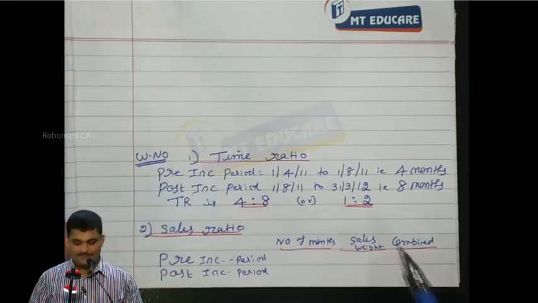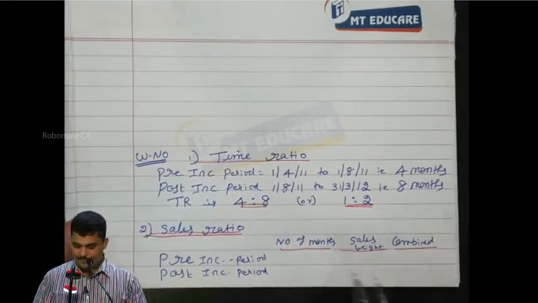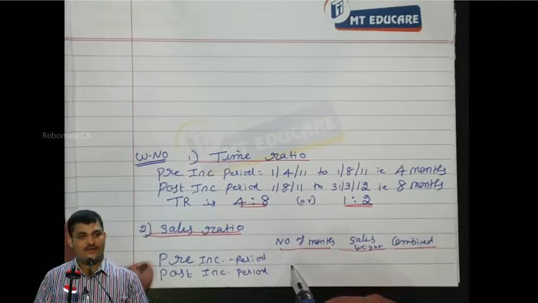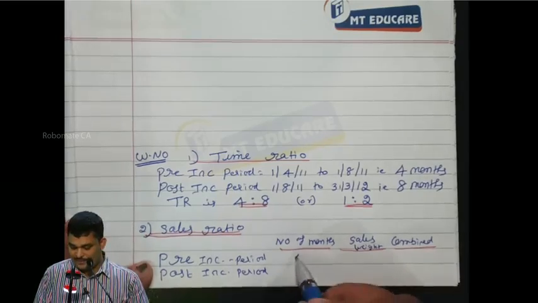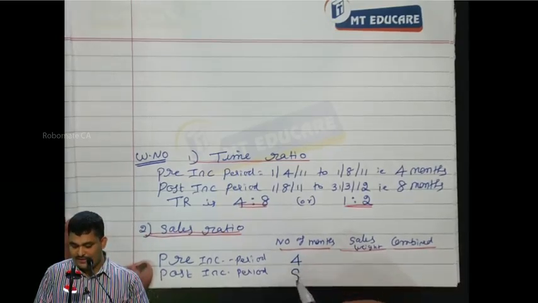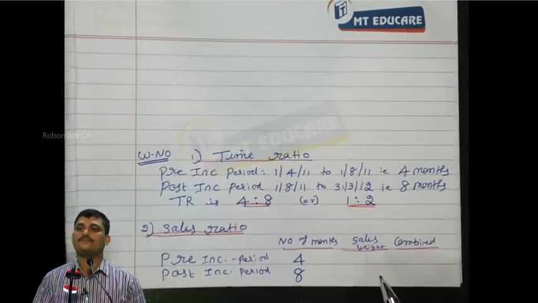Number of months, sales weight, combined. Number of months during the pre-incorporation period is 4, and post-incorporation period 8 months.